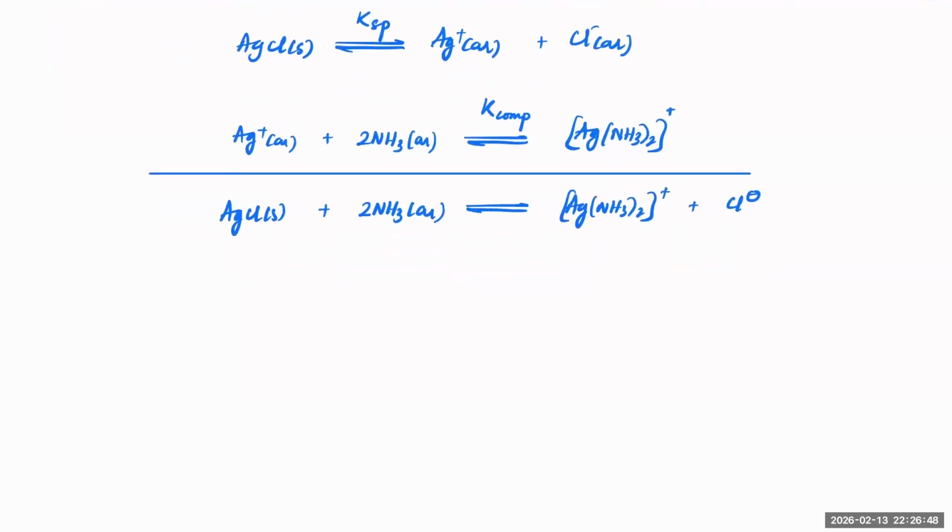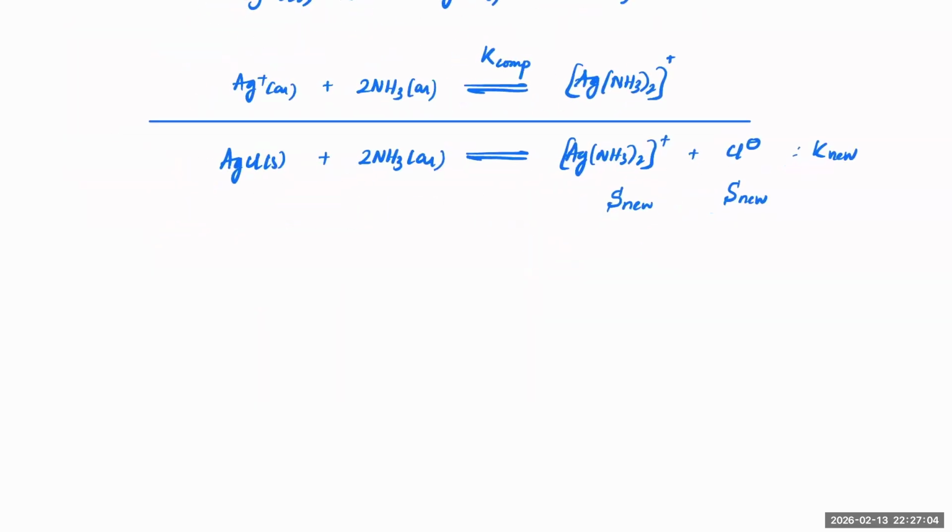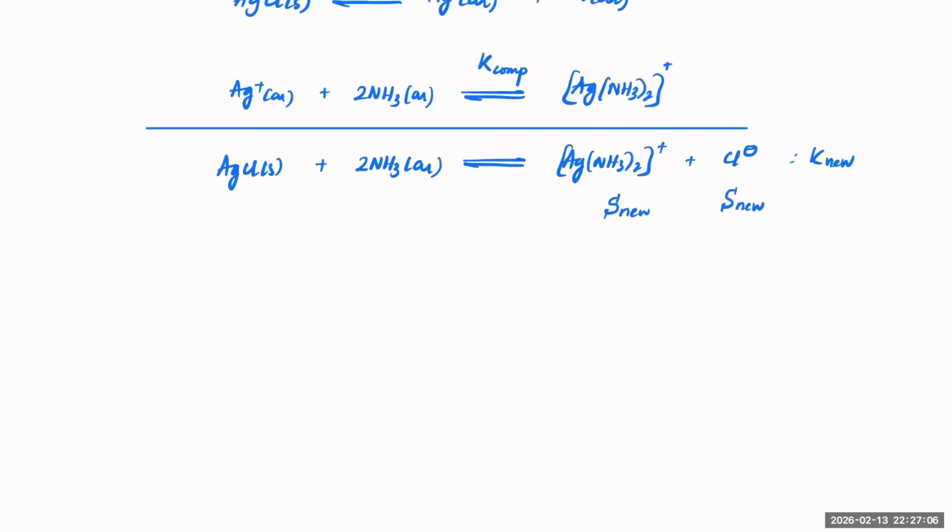So this will be the new solubility product, and therefore this is the new solubility, because these two concentrations will be almost the same. Why will that be the same? Out of this 4 moles, some 2s moles will be consumed here, and that will give you this much amount of solubility in both cases.